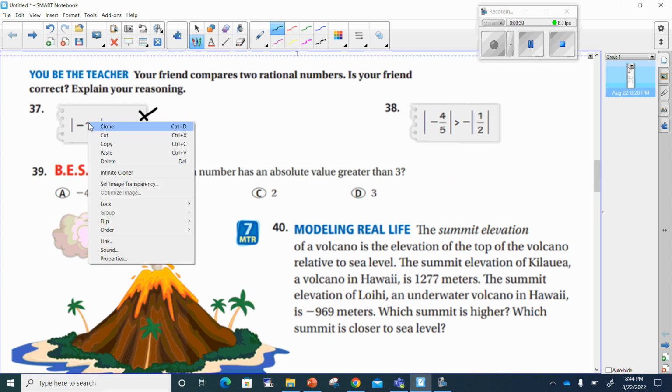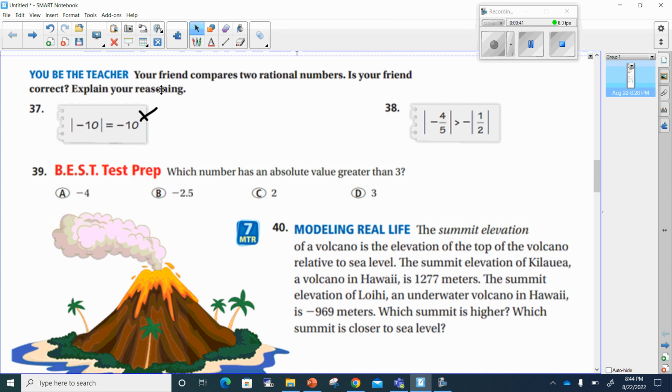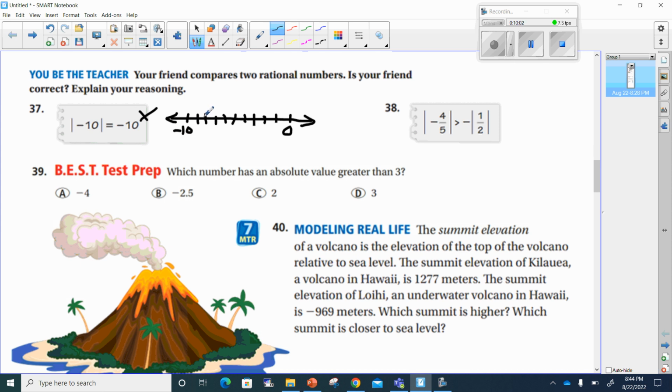Because the negative, remember, if we had a number line here, and the 0 is over here, and this is negative 10, 1, 2, 3, 4, 5, 6, 7, 8, 9, and this would be negative 10 here. The absolute value is how far away it is from 0. 1, 2, 3, 4, 5, 6, 7, 8, 9, 10. So it would not equal negative 10.